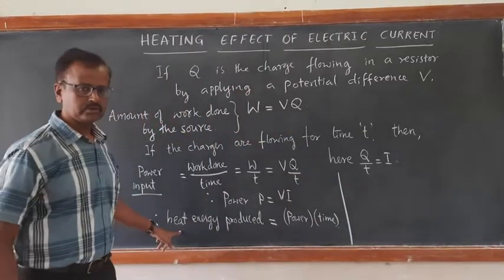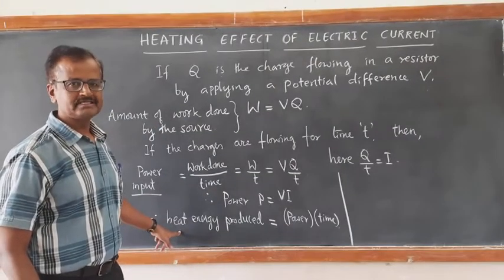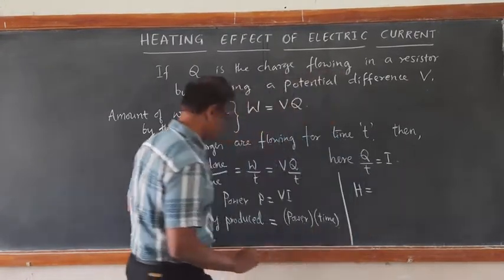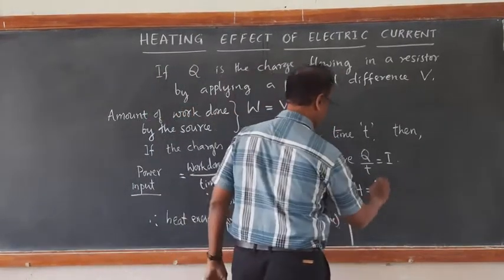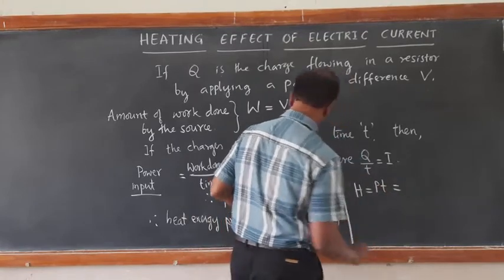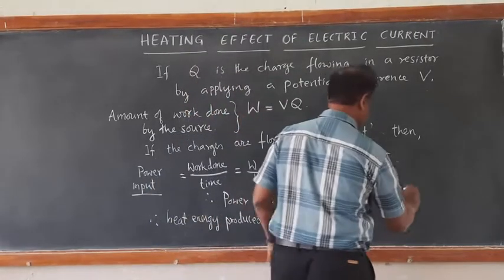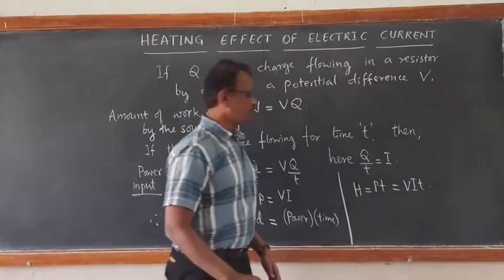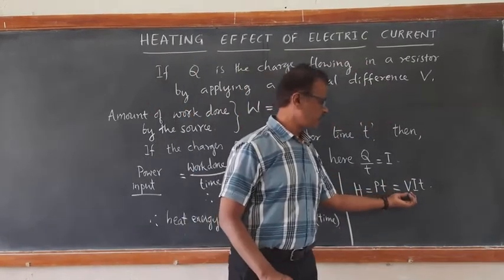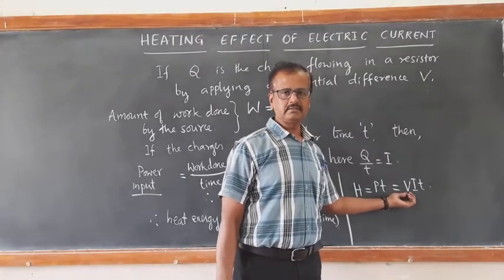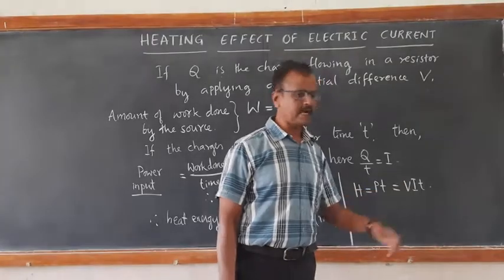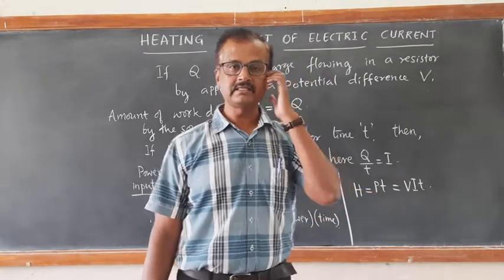Heat energy I am going to symbolize as capital H. Capital H, the heat energy produced, is equal to power into time. Power is VI, so VI into T, where V is the voltage supplied by the source, like the battery, I is the current, and T is the time for which the current is supplied.